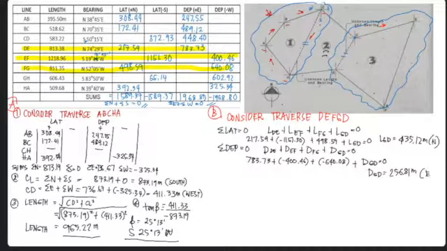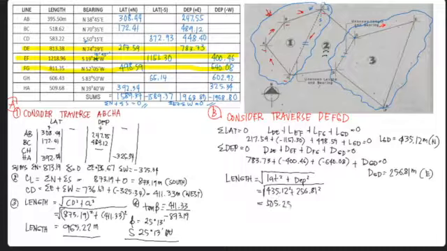So, east. So, Rolando, ano yung ating length? So, latitude squared plus departure squared square root. So, 505.25 meters for our length ng GD.